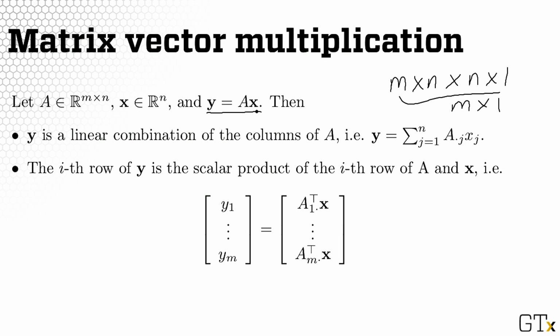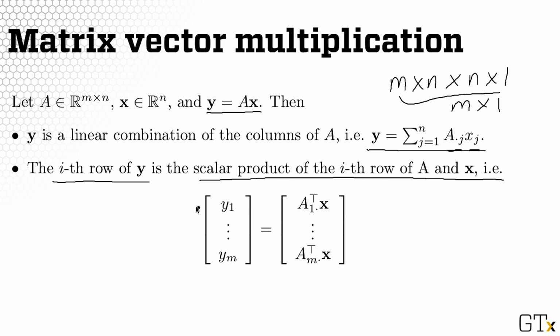And so here there are two ways of thinking about this new vector y. You can think of it as a linear combination of the columns of A. One way of thinking about this vector y is that you take the jth column of A and multiply it by the jth coordinate of the x vector and you sum it up. So this is a linear combination of the columns of A. Another way of thinking about this is that the ith entry of y is the scalar product of the ith row of A and x.